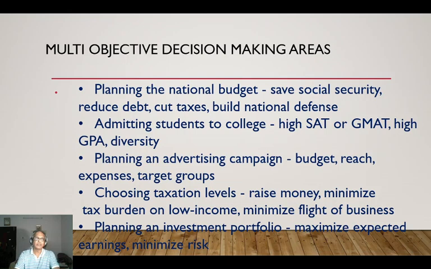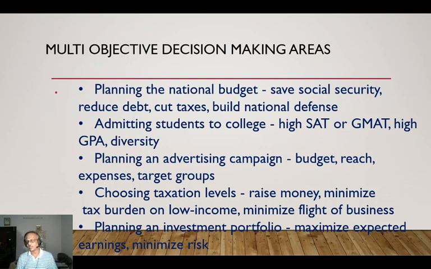So multiple objective decision making areas. What are the areas you can use? For national budget: save social security, reduce debt, cut taxes, build national defense. Then for colleges, admitting students to college, high SAT or GMAT or high GPA, diversity. Planning and advertising, campaign budget to reach expenses target groups.